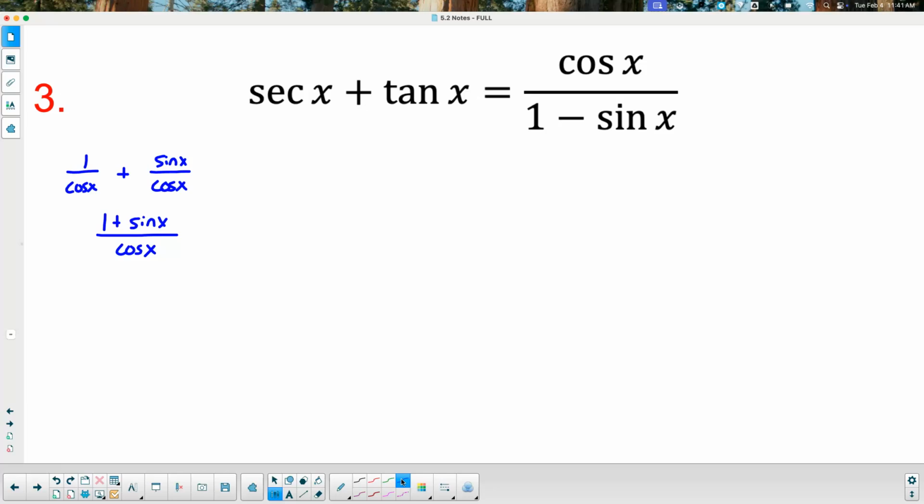If I multiply that now by cosine over cosine, mathematically, have I changed the value of the fraction? Nope. Okay? On top, then, I get cosine times 1 plus sine. Agree? On the bottom, I get cosine squared.